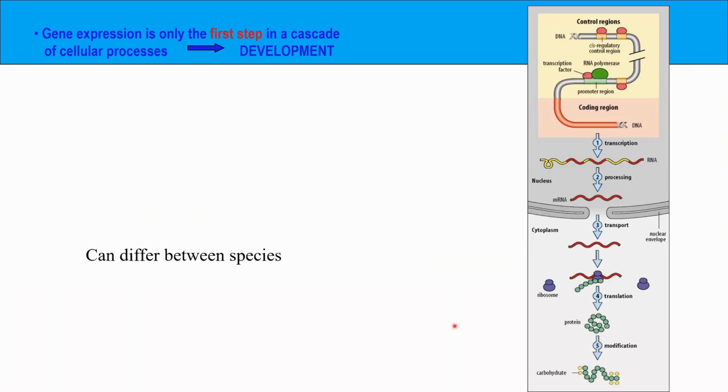And then it's important to point out that gene expression, we talk a lot about transcription, is only the first step in a cascade of cellular processes that are important to development. We mentioned this in lecture 1, so I won't labor the point, but we talked about turning on the gene.